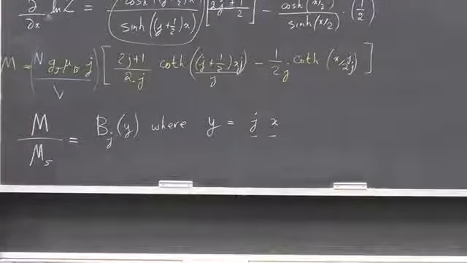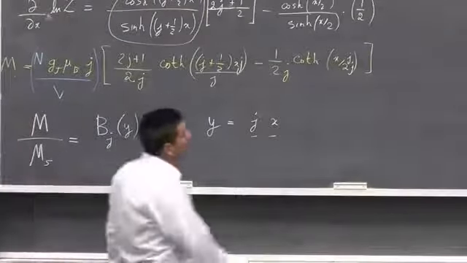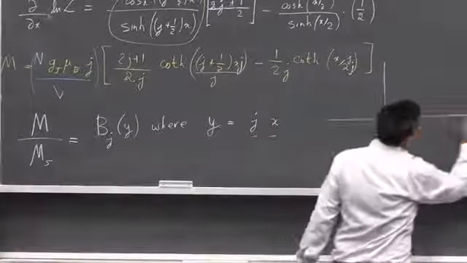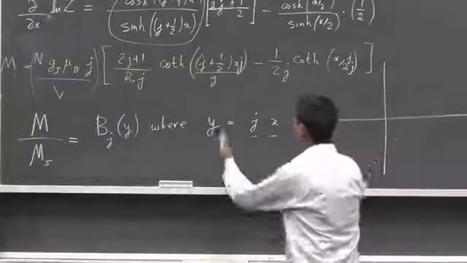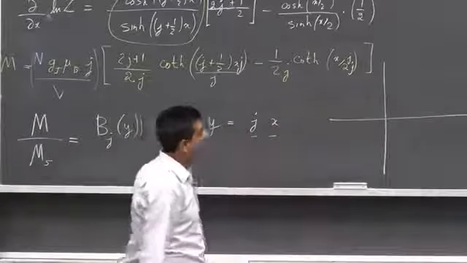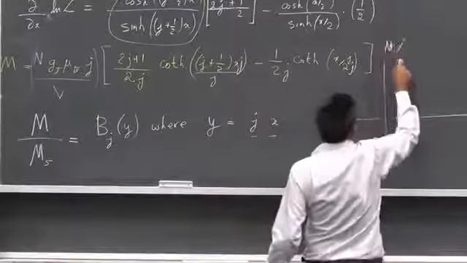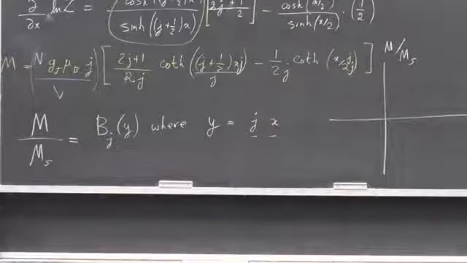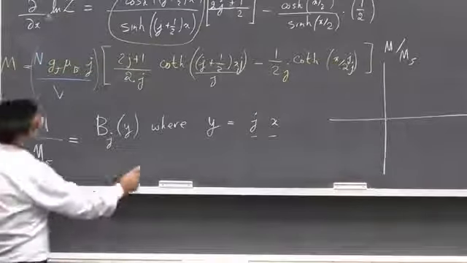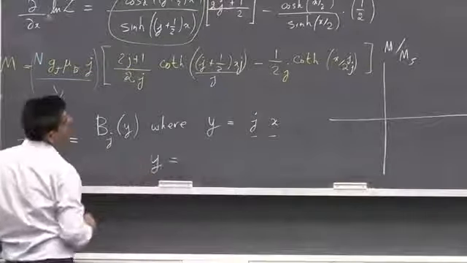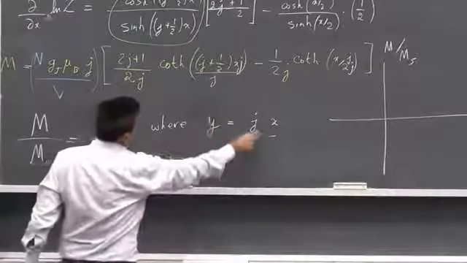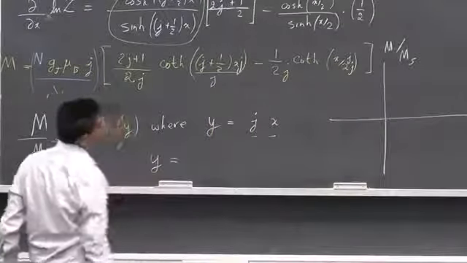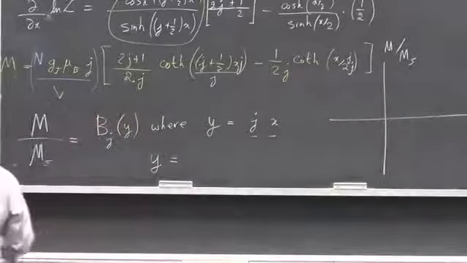So now what we would like to do is plot m over ms versus y. For a spin half system, we define y to be equal to μB B over kB T. Here we are defining our y to be equal to x times j, but x is defined here.